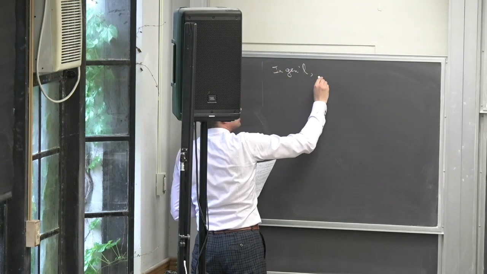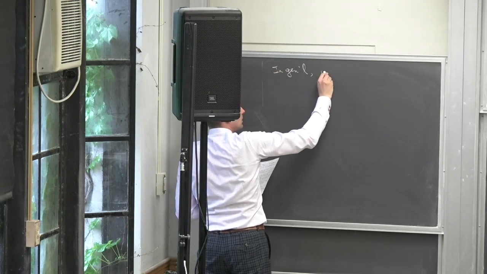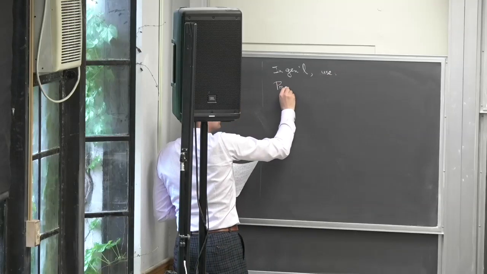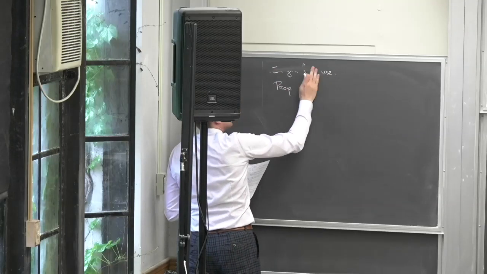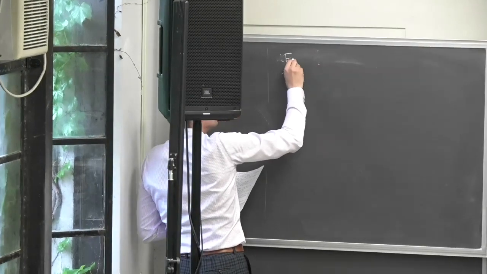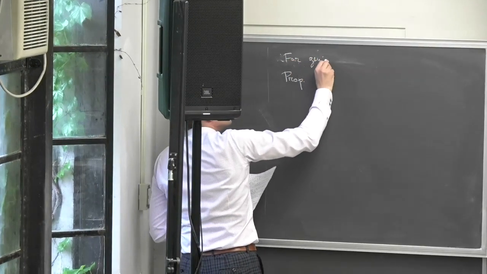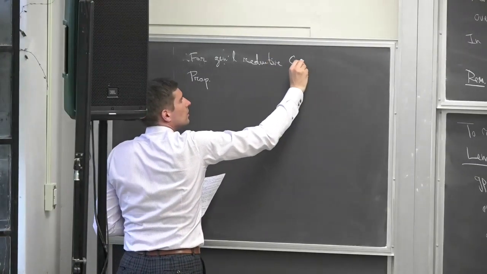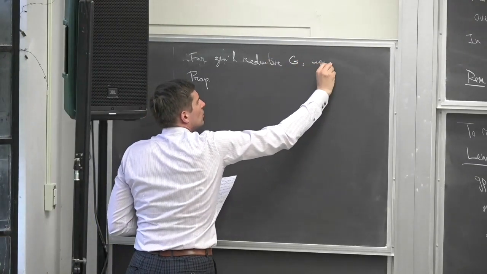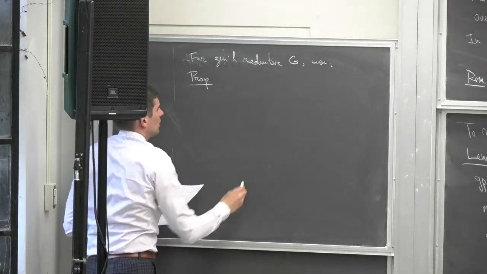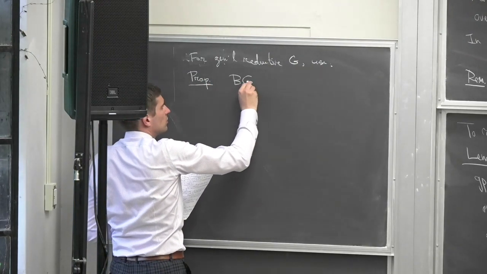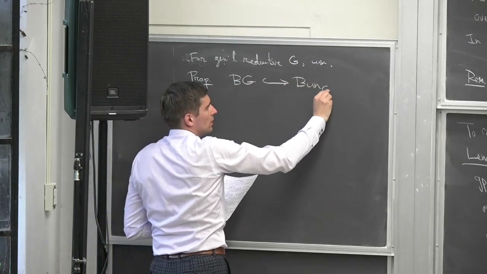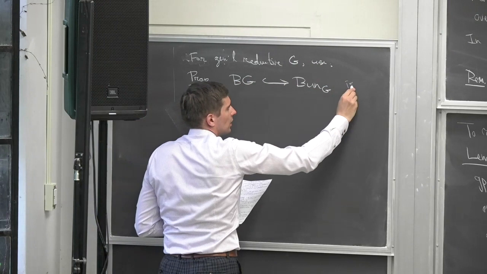Okay. So for general reductive G, we use the following proposition, which says that the map from constant torsors over P1 to all torsors over P1 is actually an open immersion.